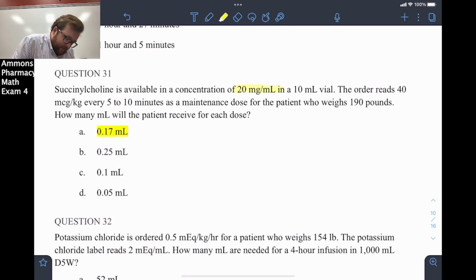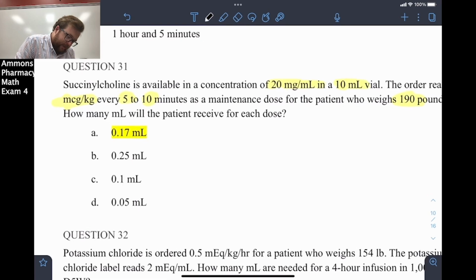Succinylcholine available 20 milligrams per mil, 1 10 mil vial. The order is for 40 micrograms per kilogram every 5 to 10 minutes, who weighs 190 pounds. Okay. So each dose.